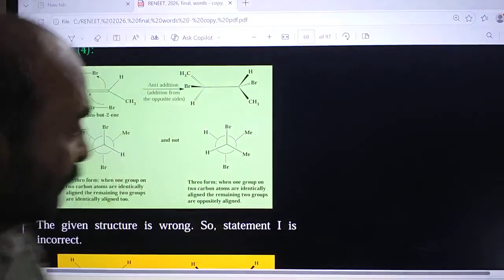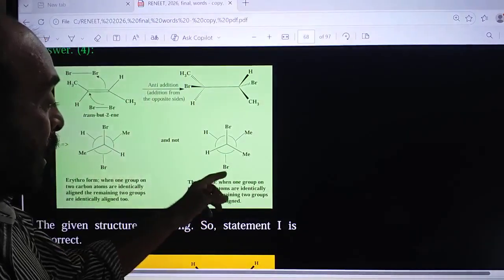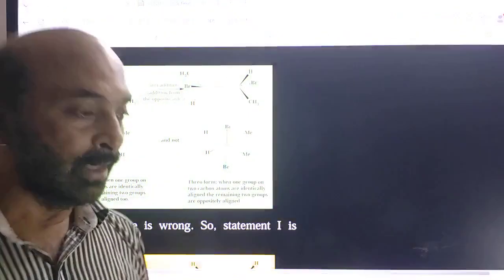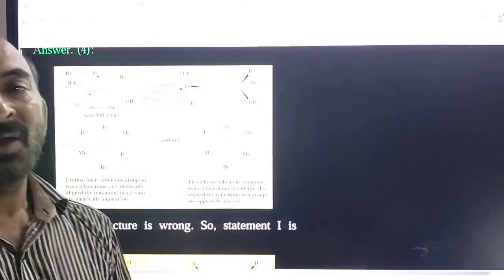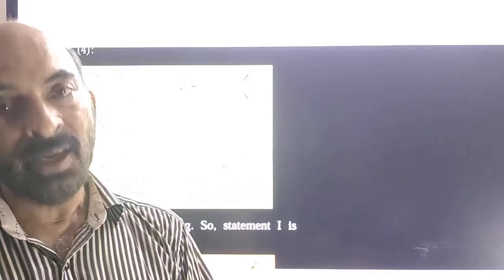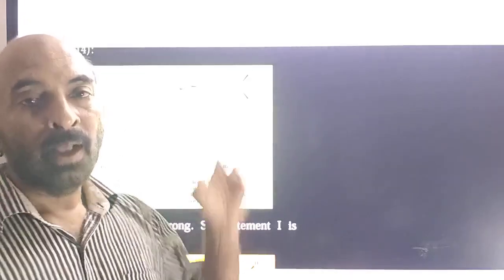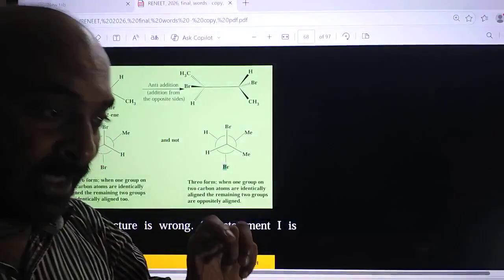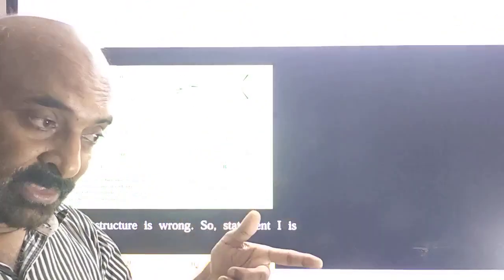When you try to align bromine with the bromine, hydrogen gets aligned with the methyl and methyl gets aligned with the hydrogen. You didn't get erythro. You got threo. In this particular case, anti-addition to trans.